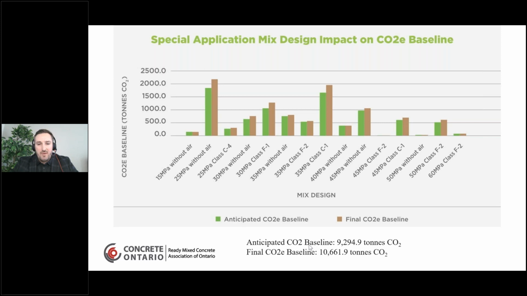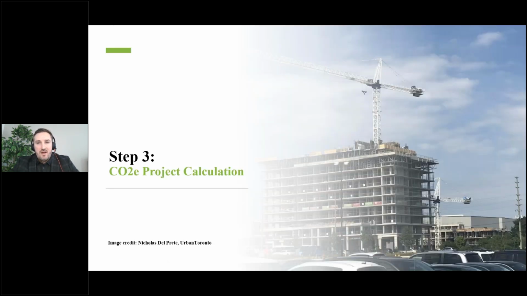So your anticipated baseline goes from 9,200 tons up to 10,600 tons, accommodating those special applications. So that overall is how you would set the baseline and the evolving baseline as you are using special applications.